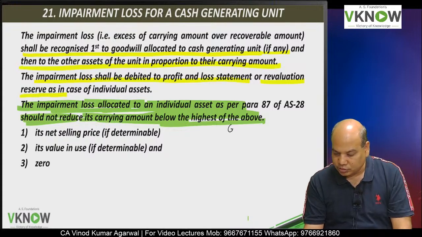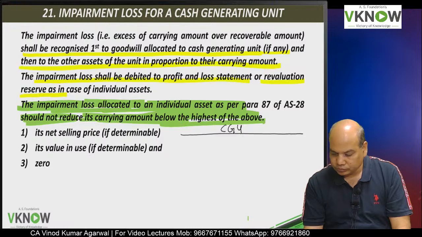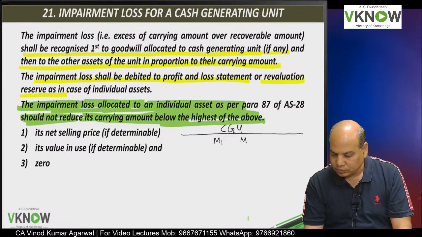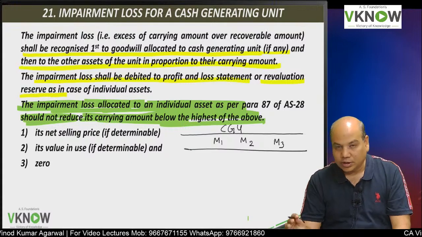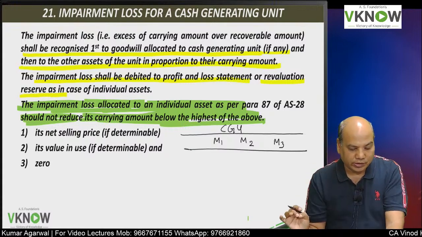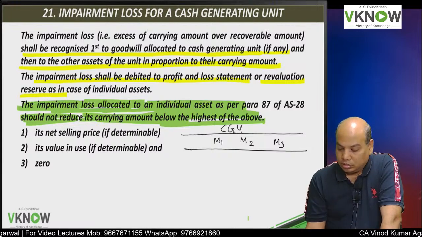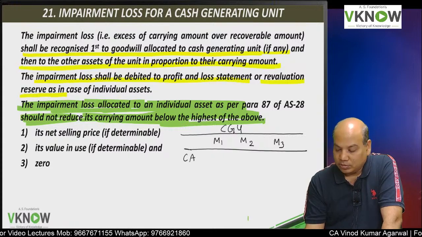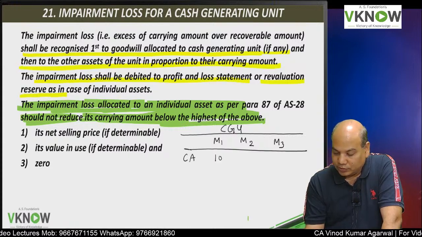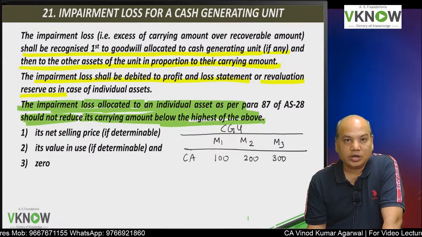Suppose there is a CGU and it has got 3 machines. Only understand, there is no question on this asked in the exam, only for theory. Their carrying amount before impairment was, let us say, 100, 200, 300.